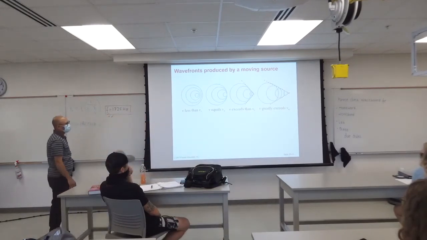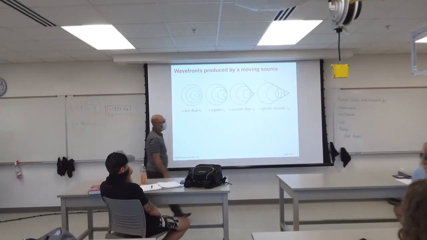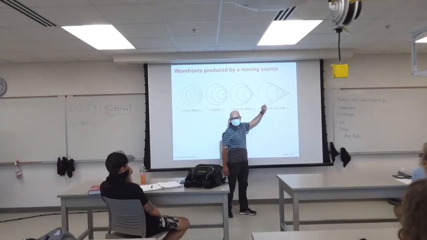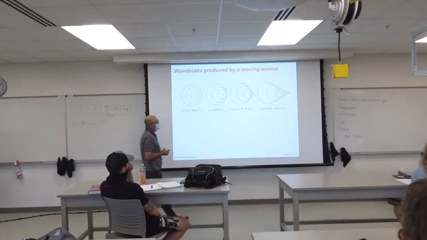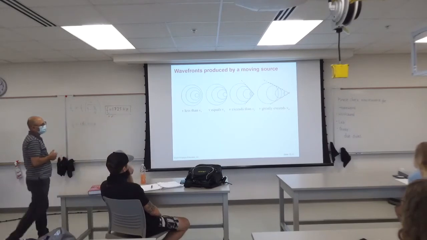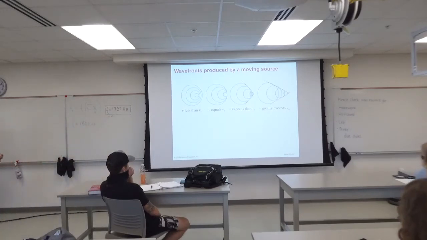So when the source travels much faster than the wavefront, the wavefronts at this boundary all meet each other and add to each other, forming something called a shock wave. It forms a cone-shaped structure called the shock wave structure.